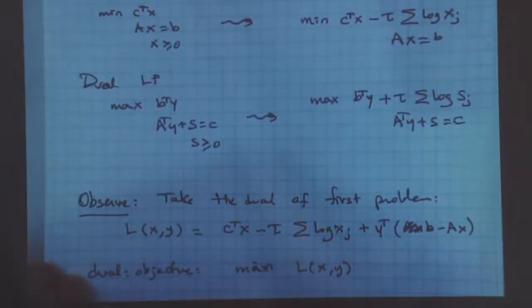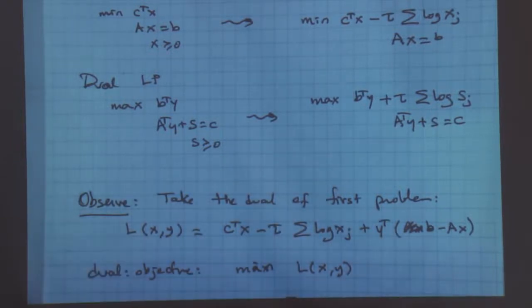So this is going to be (c minus A transpose y) times x, right? And then minus tau times the sum of log of xj, and b transpose y, okay?